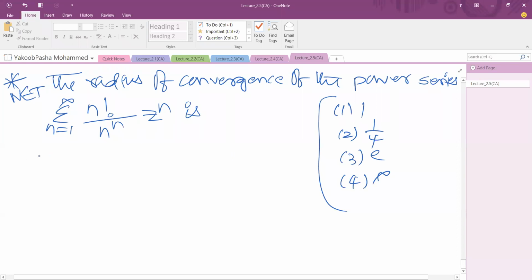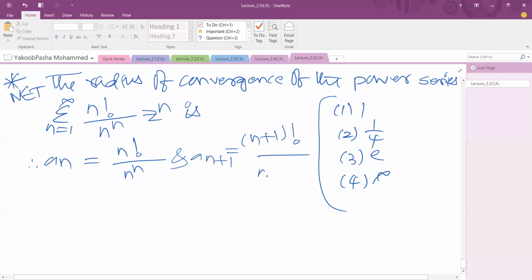First I am taking a_n equal to n factorial by n power n, and a_(n+1) equal to (n+1) factorial by (n+1) whole to the power of n+1.